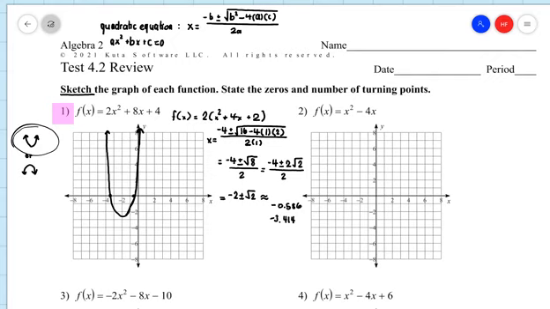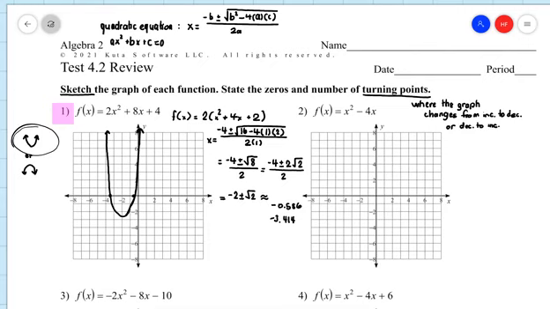So remember, a turning point is where the graph changes from increasing to decreasing, or decreasing to increasing.